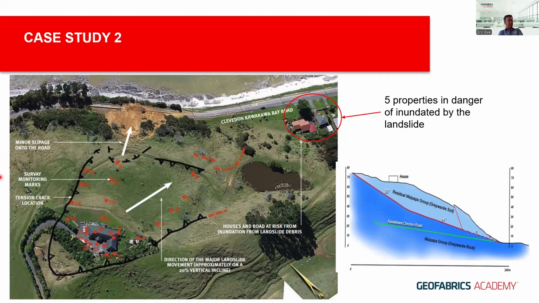And there was great concern that the 5 properties downslope here would be inundated by the next rainfall event. Therefore, emergency actions were put in place within the council and the engineers to evacuate the properties, and some reinstatement or stabilization schemes were conducted.